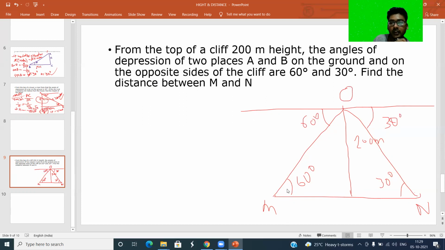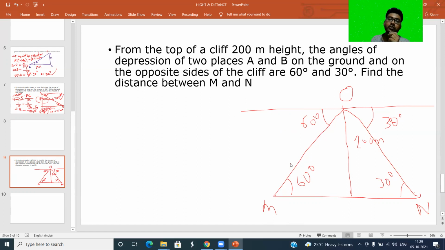If it is 60 degrees, then this angle is 60 degrees. If it is 30 degrees, it is 30 degrees. Always. This angle and this angle are always equal. And the cliff is 200 meters in height. Find the distance between M and N.